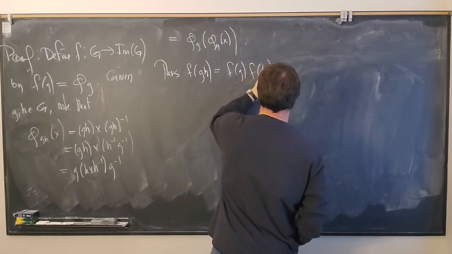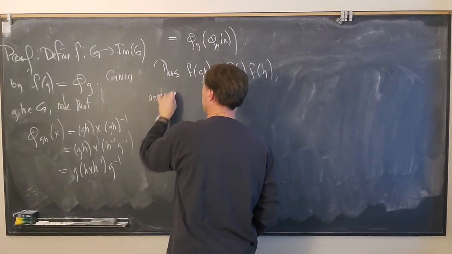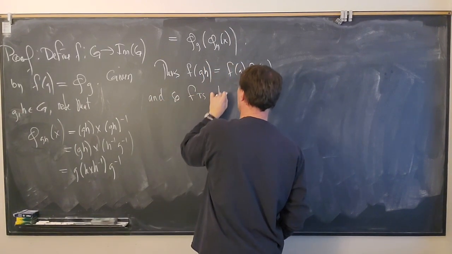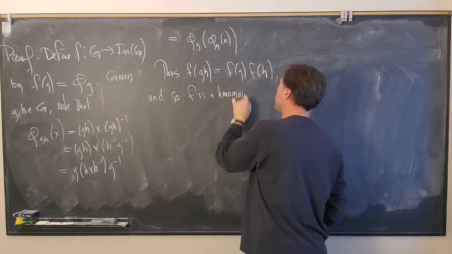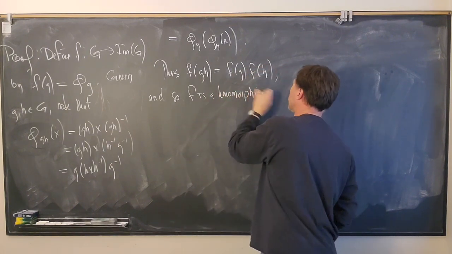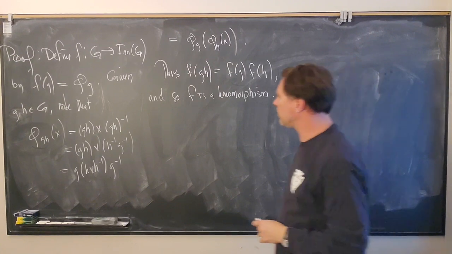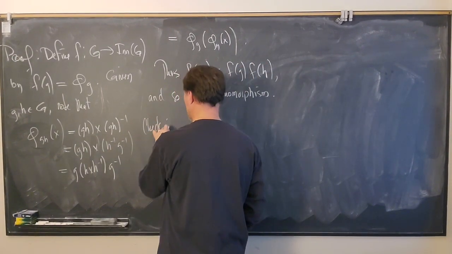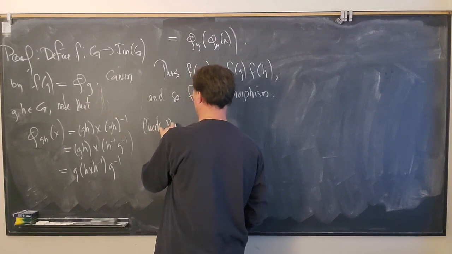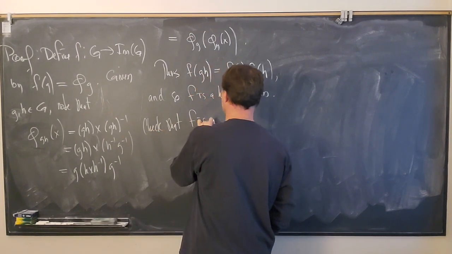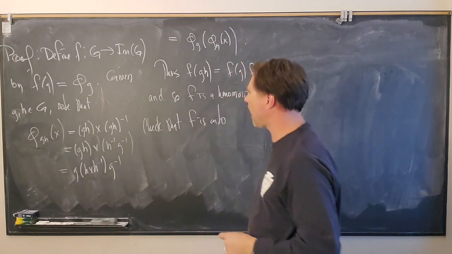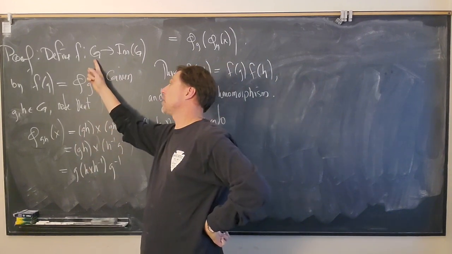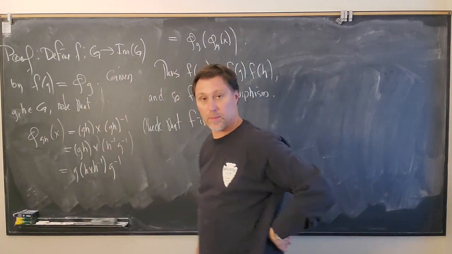And so f is a homomorphism. I'll let you do the details here. You definitely should do these details. Check that f is onto. I think that's fairly obvious, right? An element here is of the form phi sub g, which means that there's a little g over here that gets sent to it. So that means it's onto.